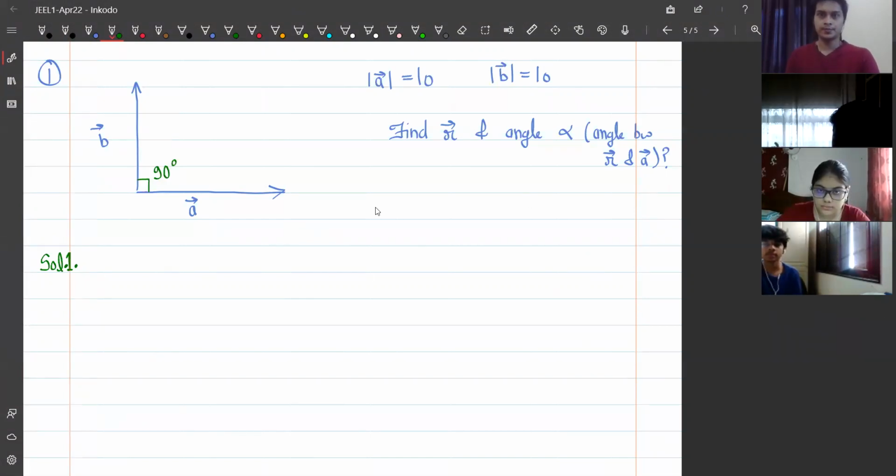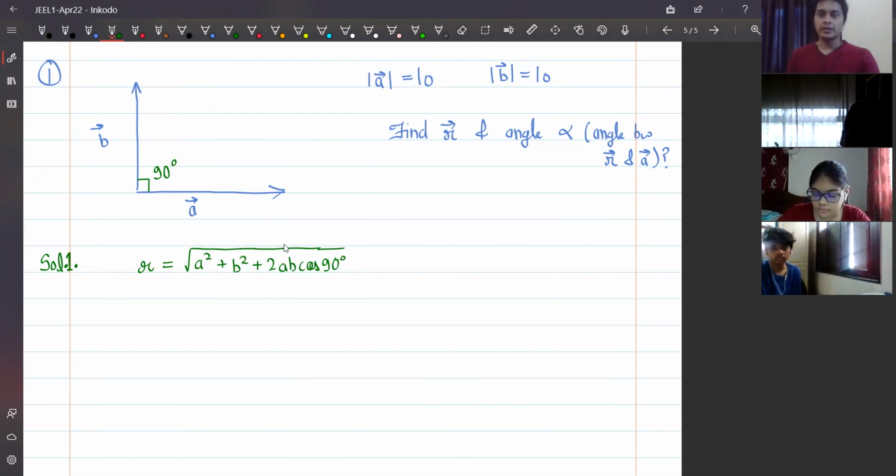Let's solve it together. So angle between A vector and B vector is 90 degrees. So I can use the formula of R, that is root over A square plus B square plus 2AB cos 90 degrees. Tell me the value of cos 90. So 0.